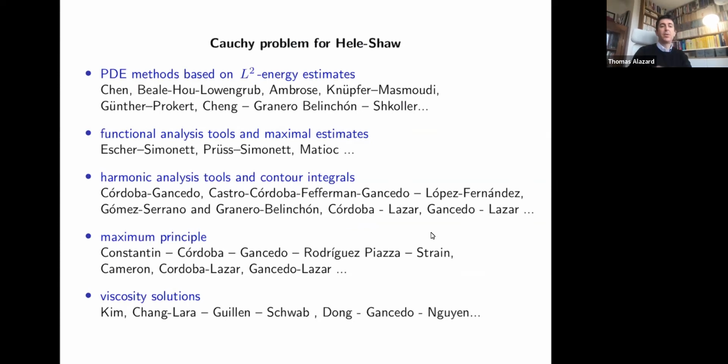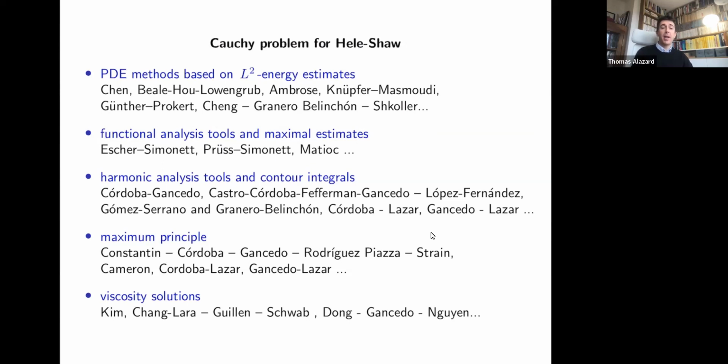You can also use tools at the interface of harmonic analysis and partial differential equations. And this is rooted in the work by Cordoba and Gancedo and developed further by Castro, Cordoba, Fefferman, Gancedo, Lopez Fernandez, and Gomez Serrano, or Granero Belinchon, Cordoba and Omar, Alazard, Gancedo and Lazar.